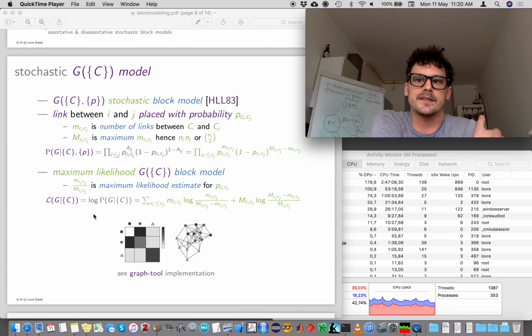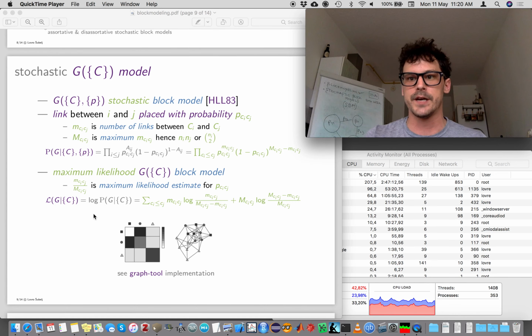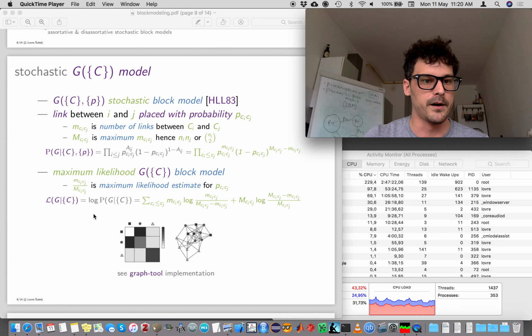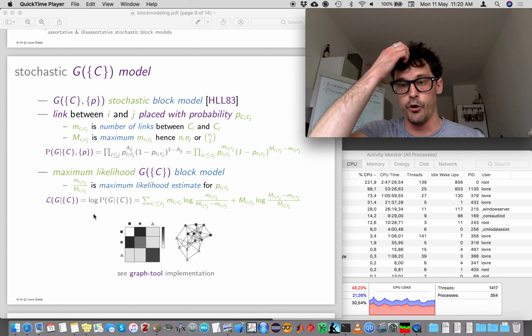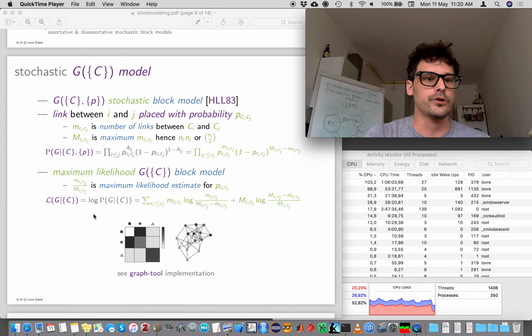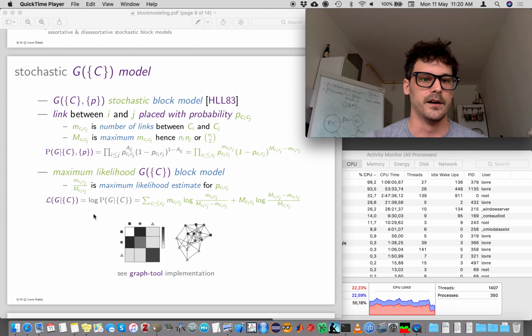You can use, again, some relocation algorithm or some greedy optimization, where you move the nodes between some predefined number of groups, and you try to optimize the log likelihood.